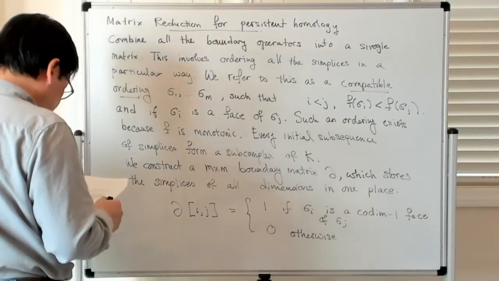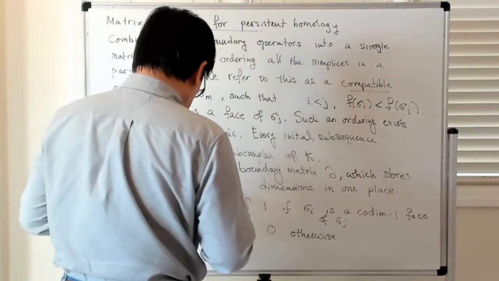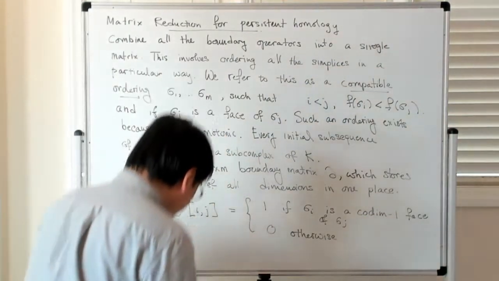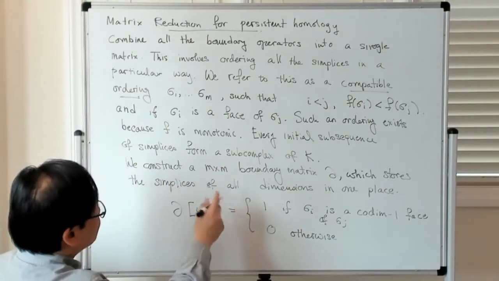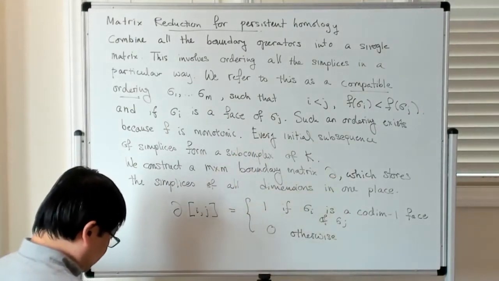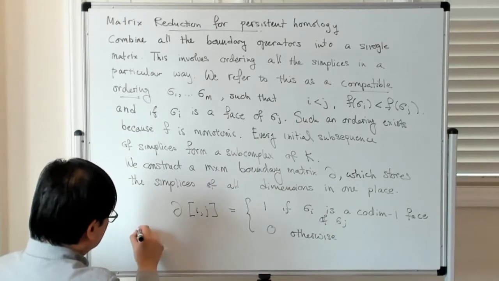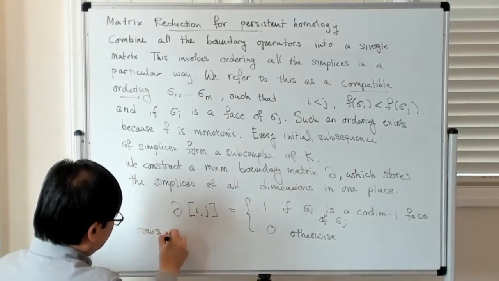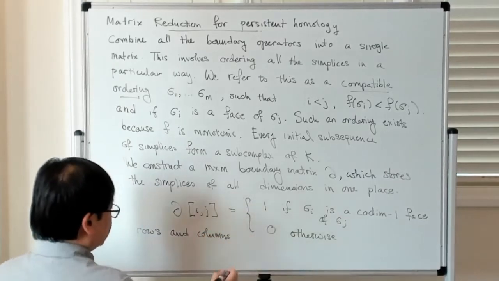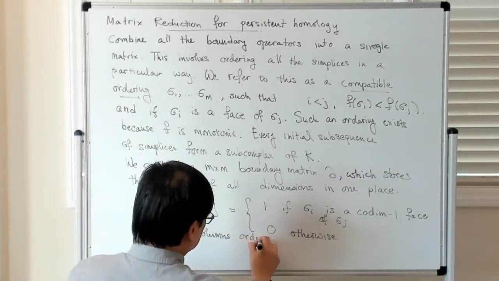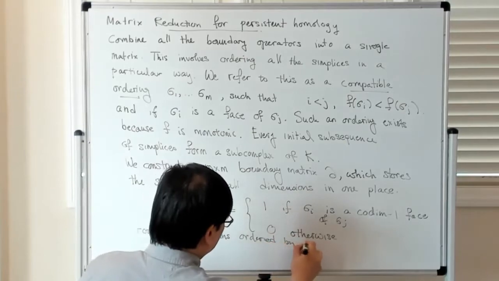Okay, all right. So what this means is that the rows and columns are ordered according to this compatible ordering, right? So rows and columns ordered by the compatible ordering.